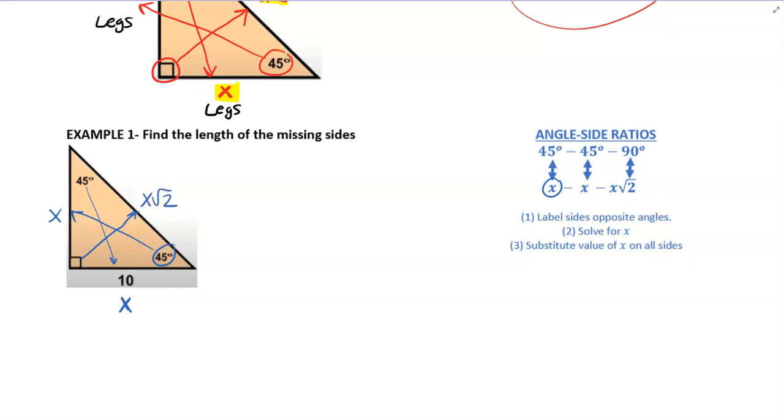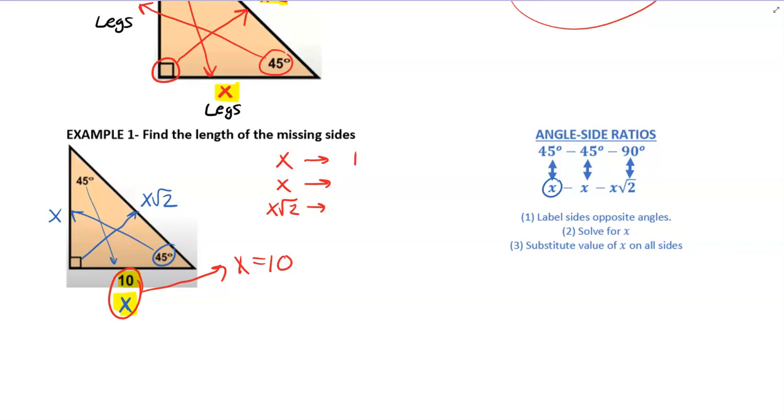So what we're essentially going to do is look at this: I know this is 10, and I know that this side is x. So I'm going to set those two things equal to each other. Pretty straightforward here, we already know the x value. The x is equal to 10. When I'm labeling my 3 sides, one way I like to do this is we'll call it x, x, and x root 2, meaning those are the 3 sides that are similar to the triangle that we have above.